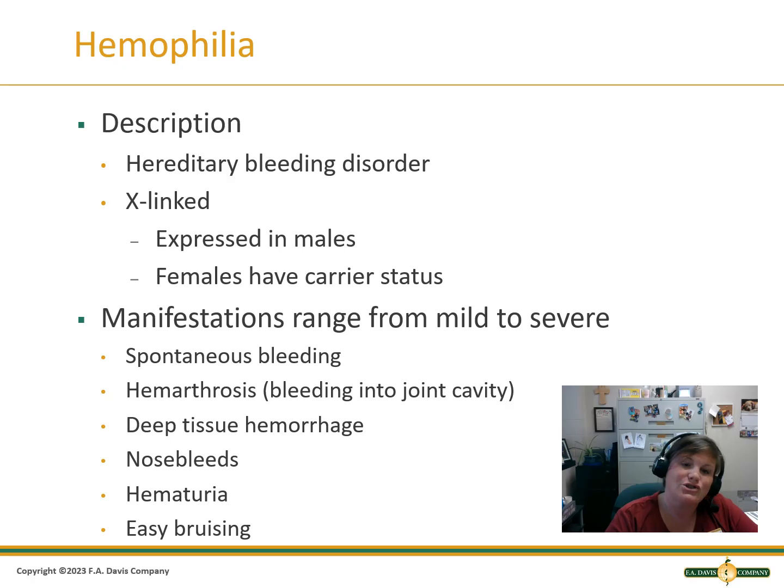So these children don't need platelet transfusions, they need factor replacement. We'll talk about management again in a little bit, but one of the things to remember is that even though it's a platelet-related disorder, it's not an actual platelet deficiency, it's a factor deficiency.